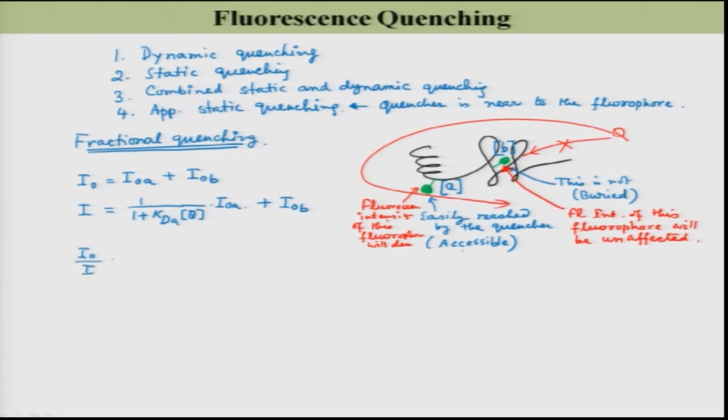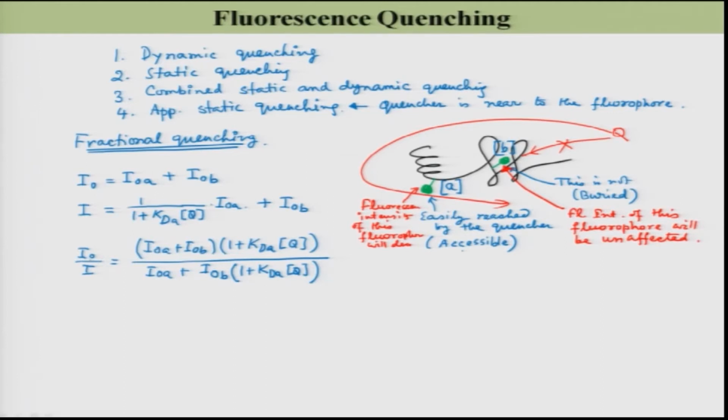I 0 by I is equal to I 0 A plus I 0 B into 1 plus K d A into Q, divided by I 0 A plus I 0 B multiplied by 1 plus K d A into Q. Now, what do I intend to do?